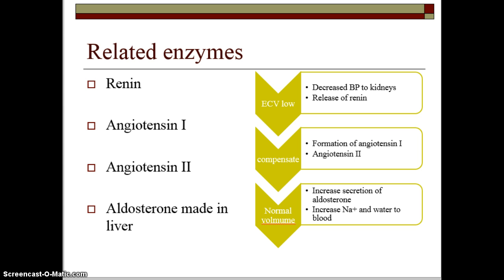So when the kidneys identify they're not getting as much fluid, they make and release renin. Renin then forms and tries to compensate, and so renin makes angiotensin I that becomes angiotensin II, and then the normal volume helps with increased secretion of aldosterone, increased sodium and water to the blood.